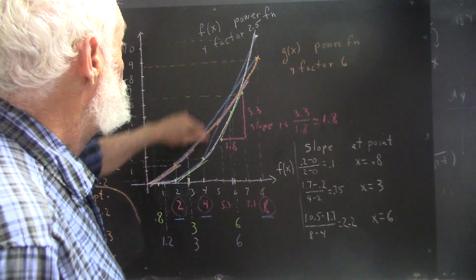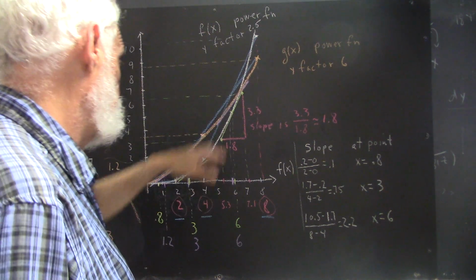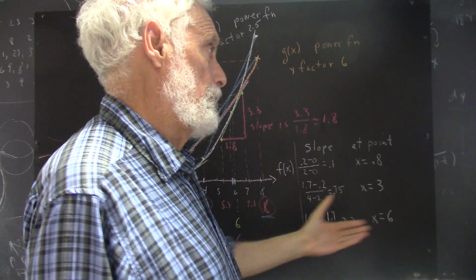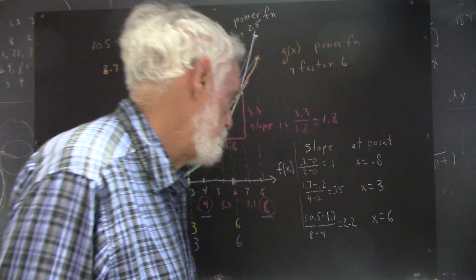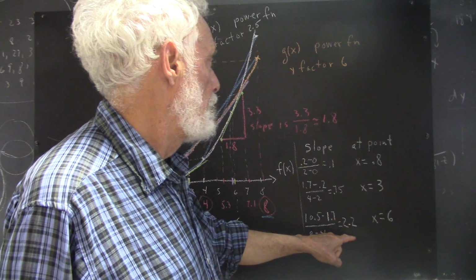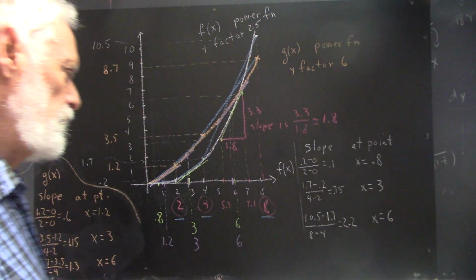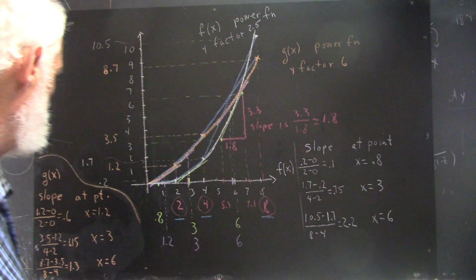Then we estimate the slope of this segment, which should be the same as the slope of this tangent line. Using the same idea, it should be clear where the numbers come from, and now we get a slope of about 2.2, which, as indicated earlier, doesn't agree really well with the 1.8. It's off by maybe 15%, but it's still in the right ballpark.